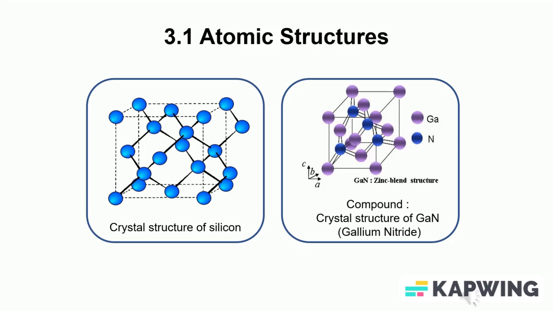The silicon represents a good atomic structure by utilizing only itself, while the compound type constructs a good atomic structure by a combination of two types of material, which are gallium and nitride.